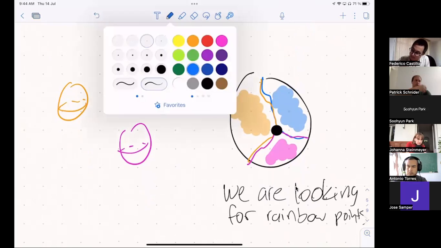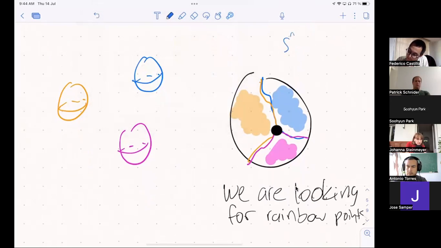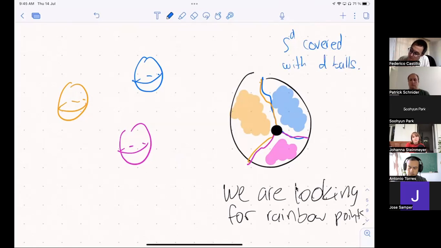By the way, you can prove that each color is homeomorphic to a ball. So S^d covered with d balls. Is it true that the intersection of all of them is 2 points?